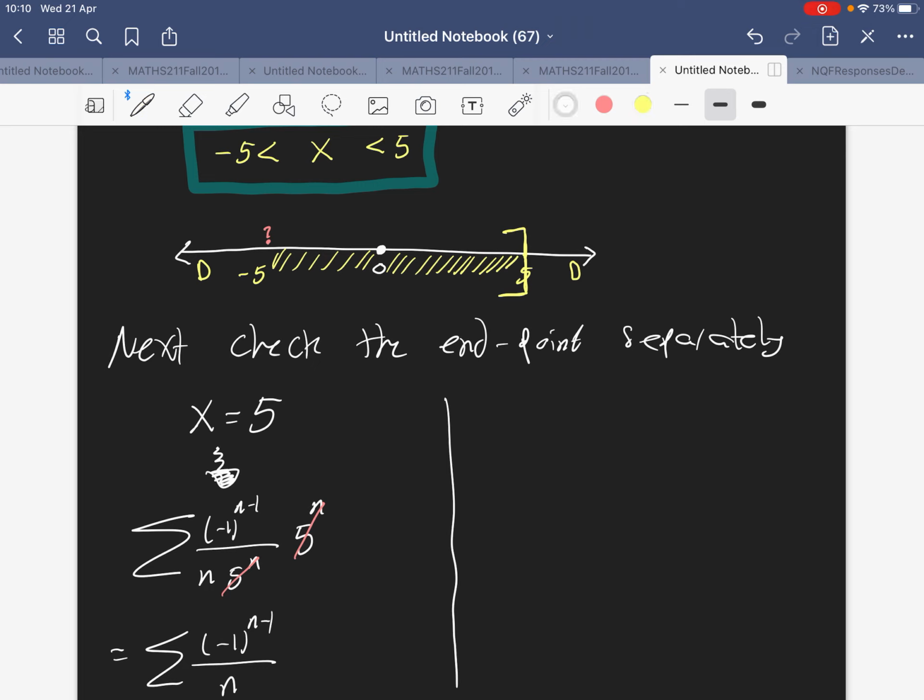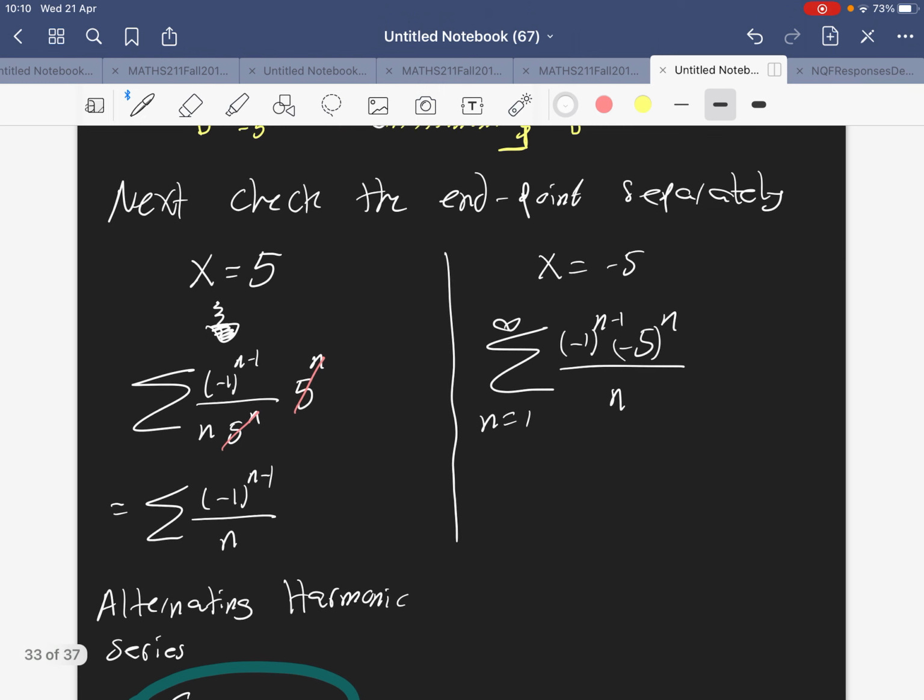Now, I think if we do negative 5, everything will be the same. Over n. Now this one I can rewrite as the following.